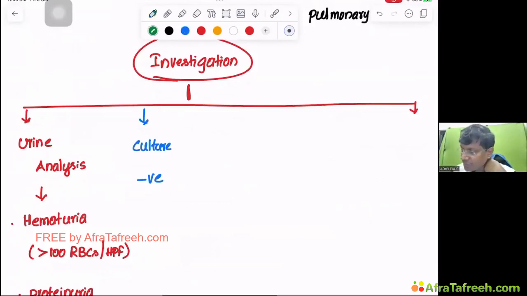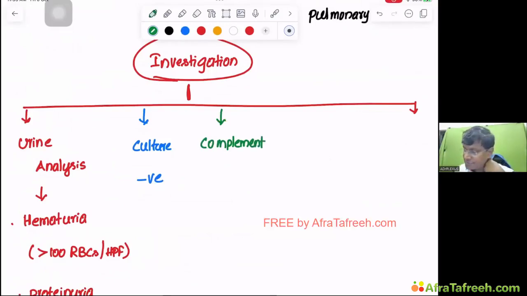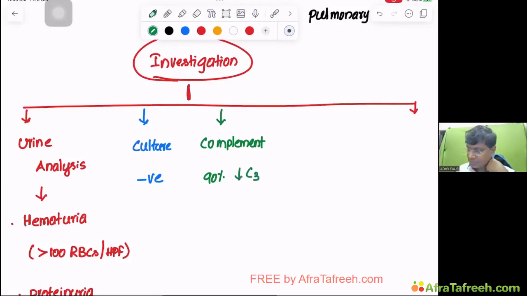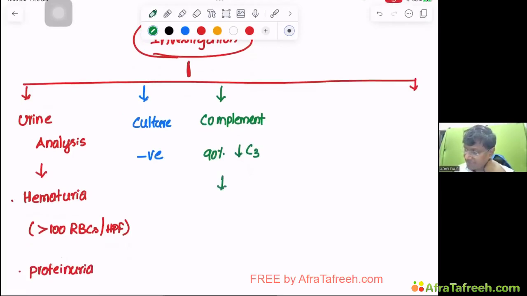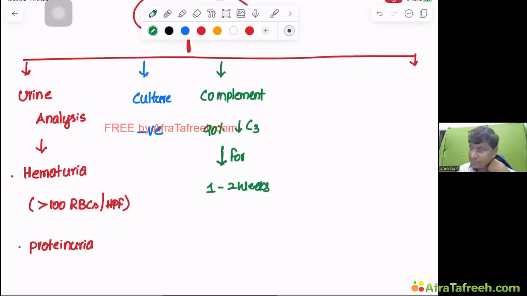And when you test the complement levels, the complement is utilized. So that is the reason why in 90% of patients, there will be hypocomplementemia. There is decreased C3 levels. But this hypocomplementemia will be there for 1 to 2 weeks. After that, your C3 will return back to normal.